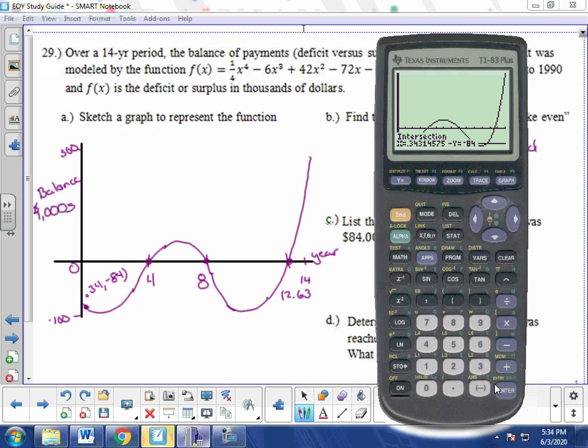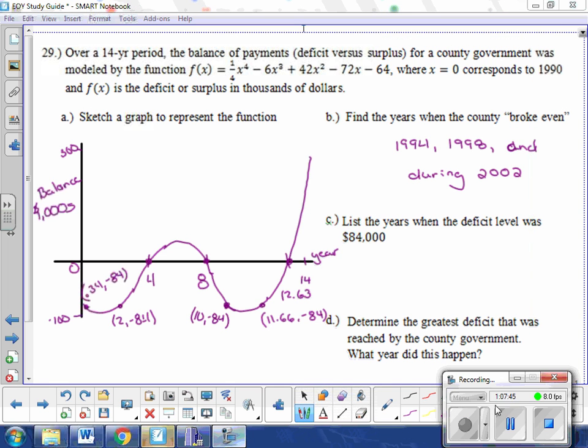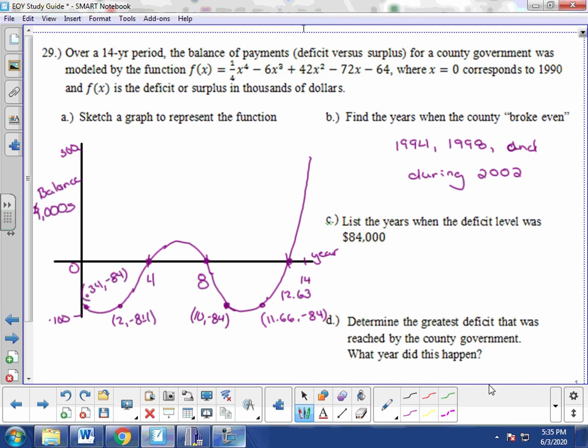And then we're going to keep doing that for all of the other intersections. So I went ahead and found all those intersection points and put them in there. So list the years when the deficit level was $84,000. So this first one is going to be before 1991, so this is going to be during 1990.